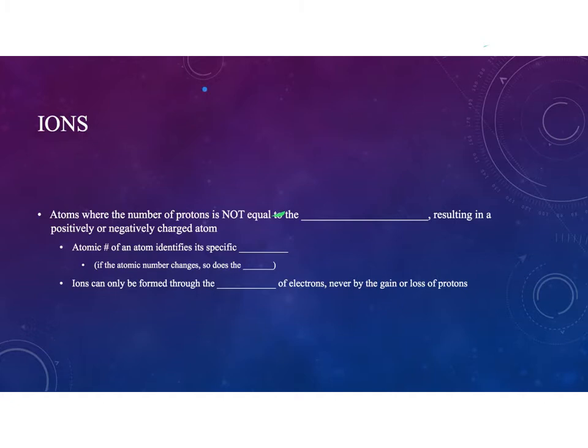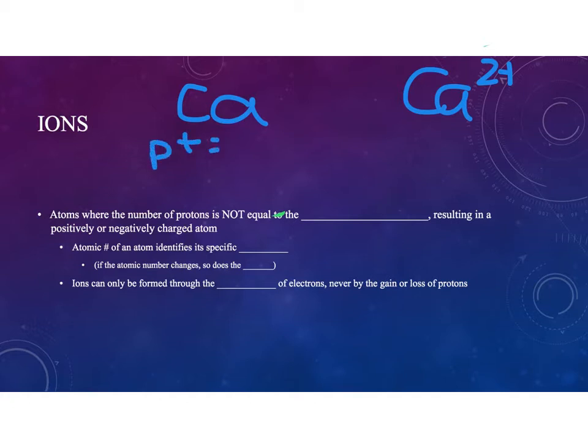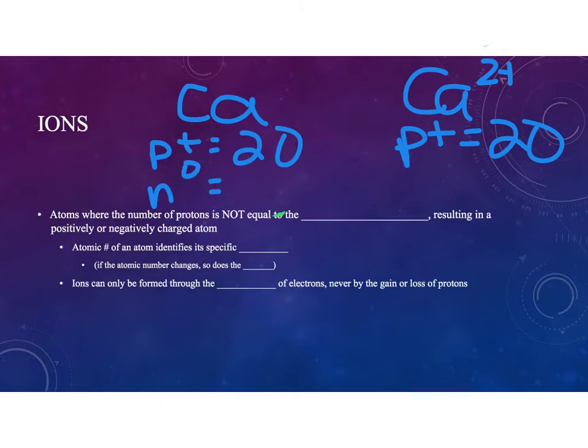Now we're going to move on to calcium and calcium 2 plus. So, atomic number of 20, therefore protons equals 20. No change in protons ever, therefore this equals 20 as well. Neutrons, mass is 40.1, I believe, actually. So, 40. Mass doesn't change.